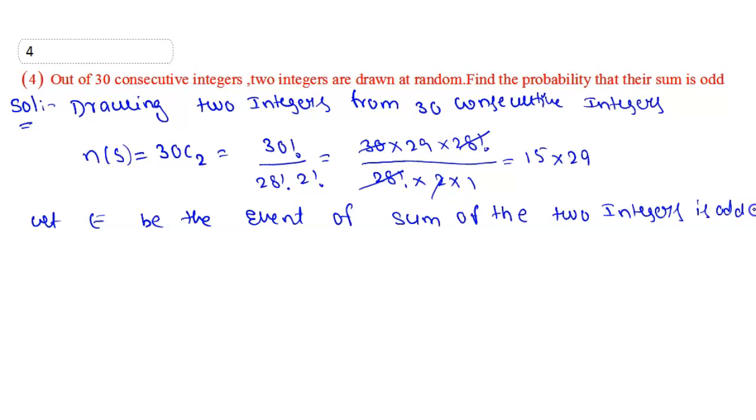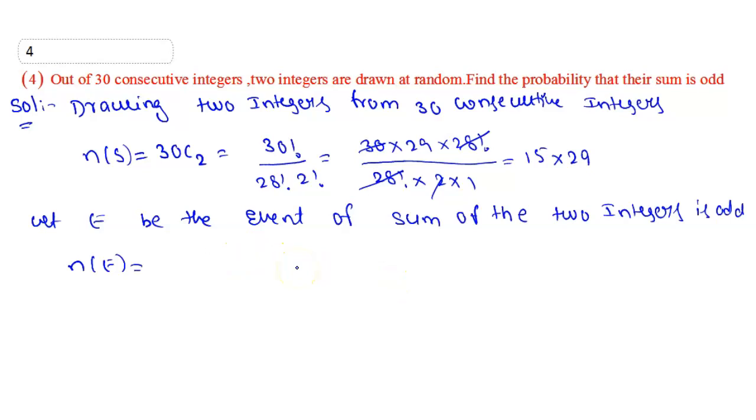So here the sum of two integers being odd, in the sense, total here we have 30 consecutive integers, in that 15 are even and 15 are odd, right? So here sum of even numbers is even and sum of odd numbers is also even.